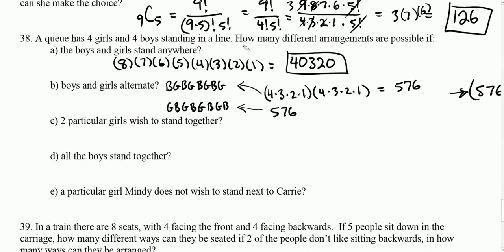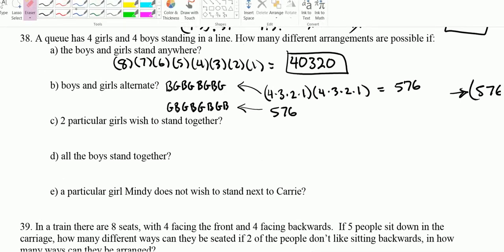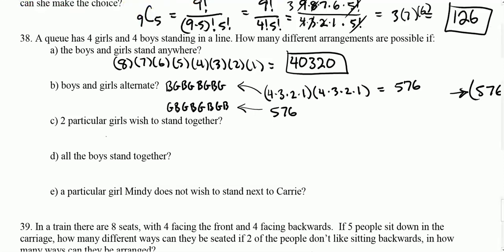Part C, 2 particular girls wish to stand together. So let's call them girl 1 and girl 2. And I'm going to view that as one choice, one person. And then we got 2 other girls, and we got 4 other boys. So instead of having 8 people here, I'm going to see it as I got, in a sense, 7 choices.